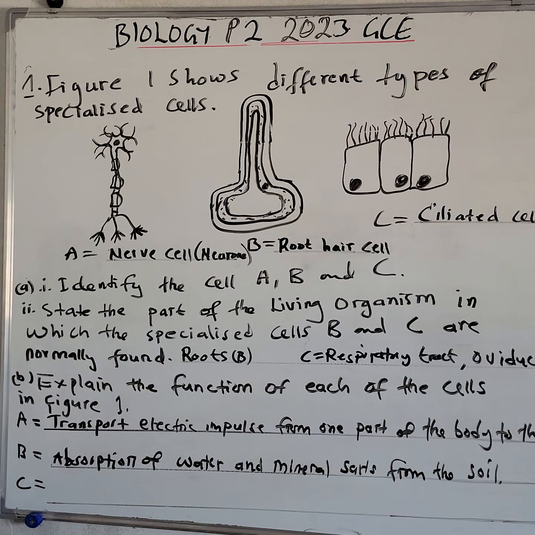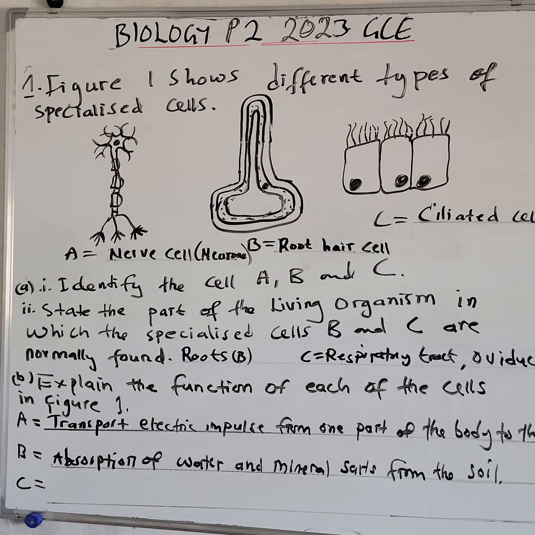So the root hair cell's function is the absorption of water and mineral salts from the soil. Since the root hair cell is found in the roots part of the plant, it has a very thin cell wall which enables absorption to take place.